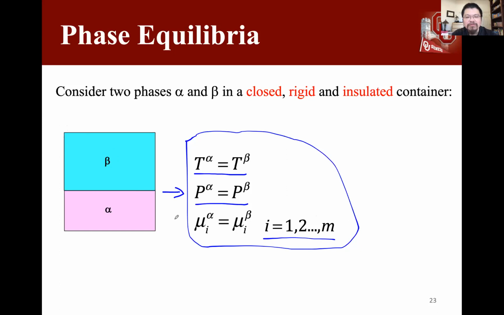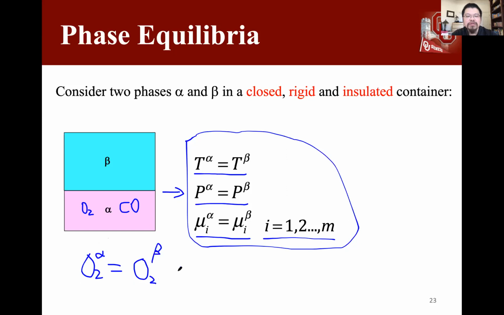And the third equation we have to satisfy is, if you look at each component, say we have oxygen and CO, then if the system of oxygen and CO in two phases is at equilibrium, I have to satisfy that the chemical potential of oxygen in the alpha phase is exactly the same as that of the oxygen in the beta phase.